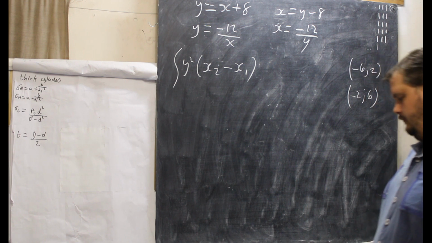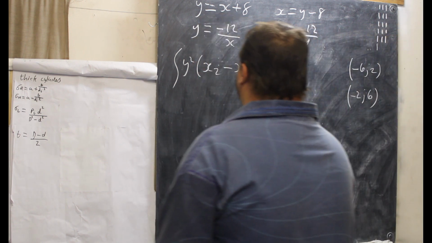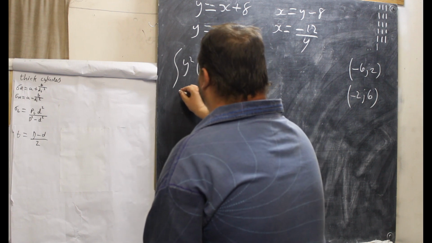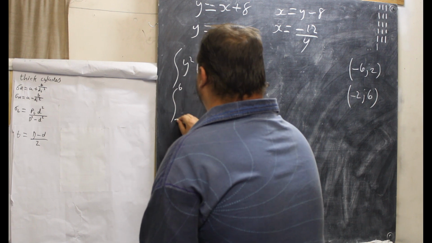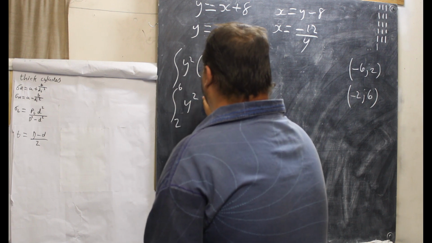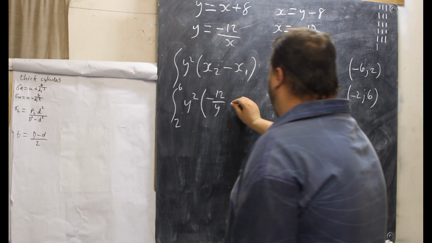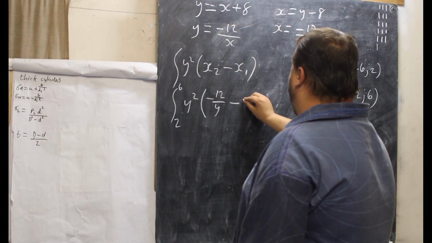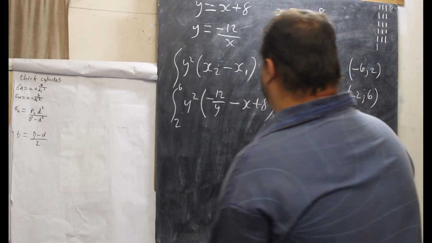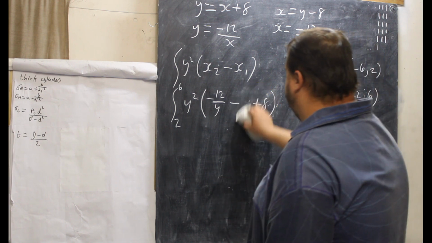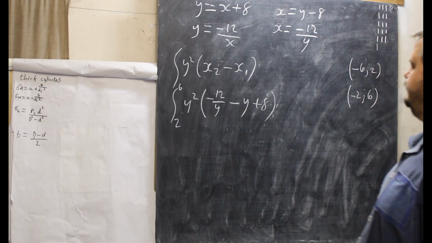So, first thing we do is we say the integral from 2 to 6 of y squared times minus 12 over y minus, in brackets, y minus 8. Minus y plus 8, sorry. Minus y plus 8.